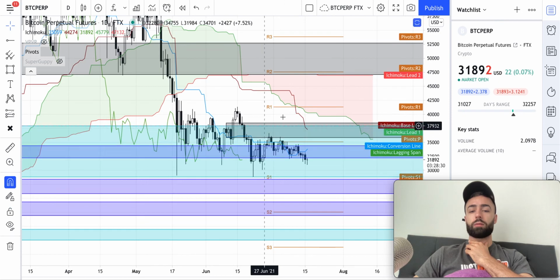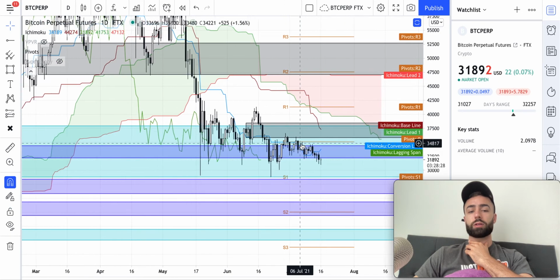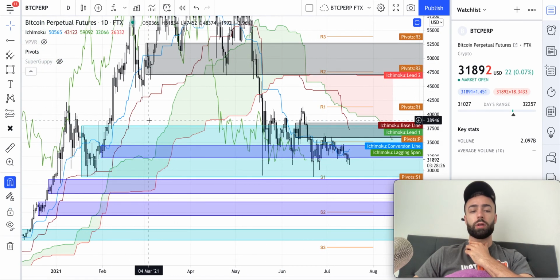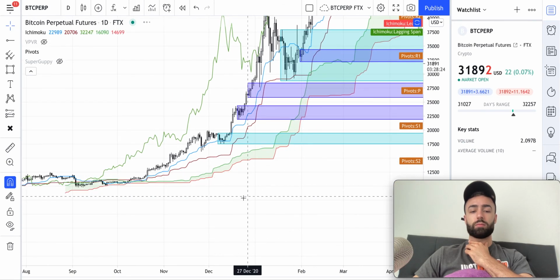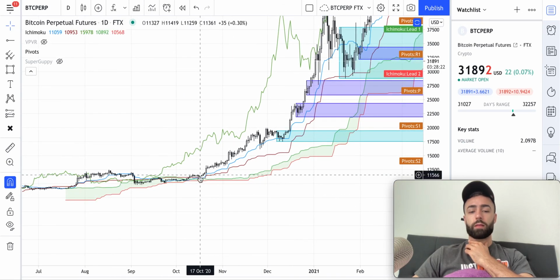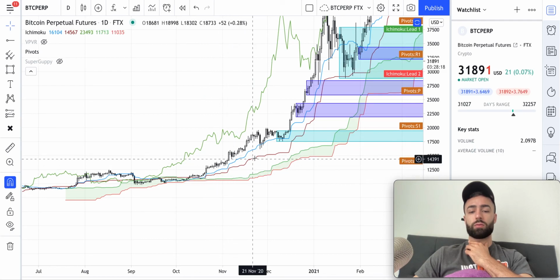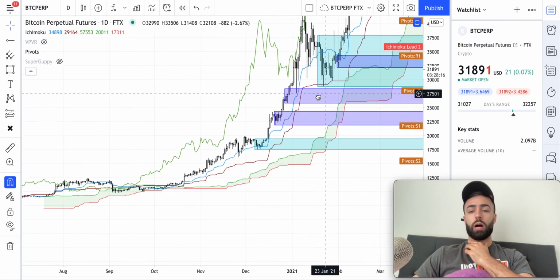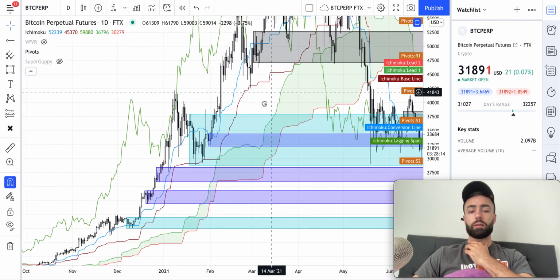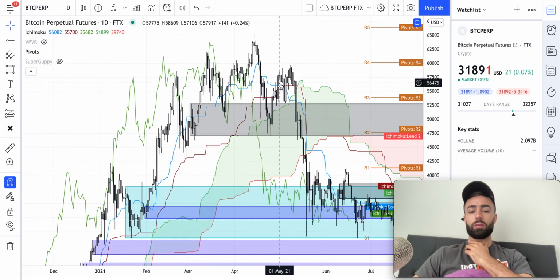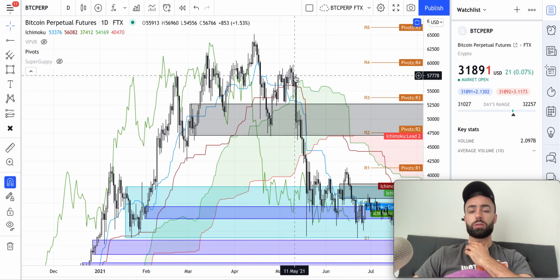When this pattern plays out, the most bearish scenario or the most bullish scenario, you can see the momentum that it carries with it. Right here we had that confirmation, and then boom, we go off to the races and ride the most bullish scenario up for months, until right here the Tenkan, the blue line, crosses below the Kijun, and boom, you can see what happens after that point.